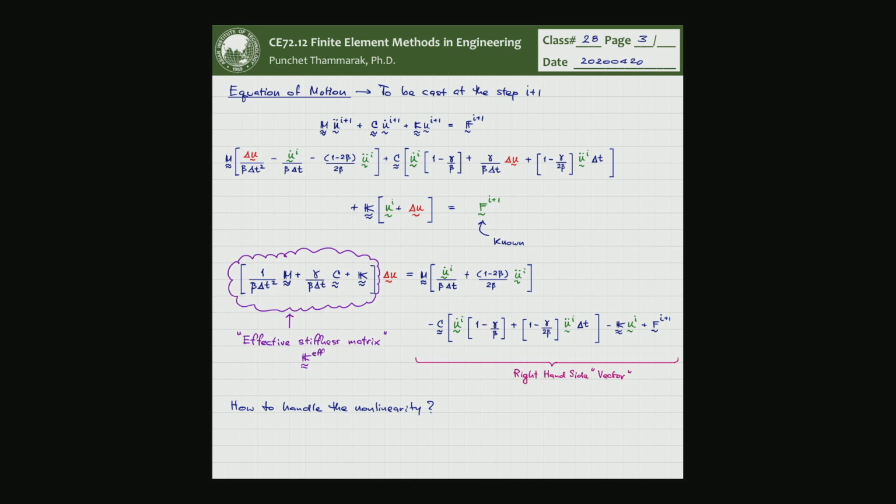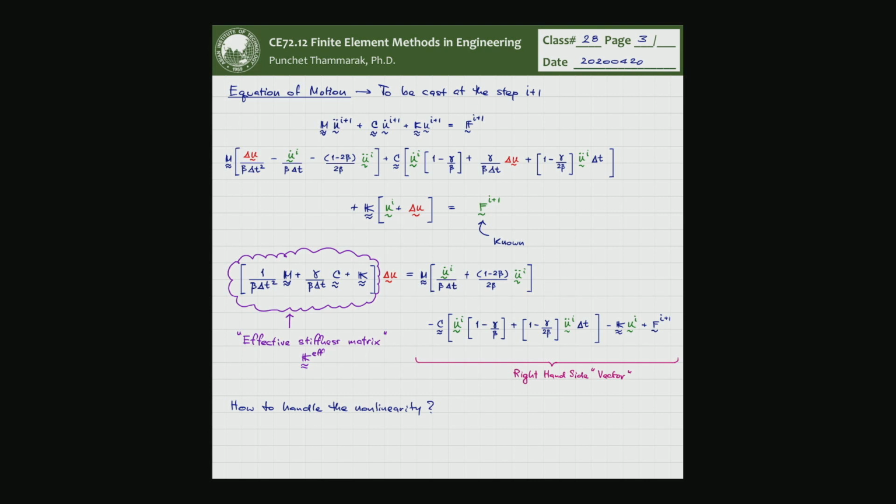Velocity, well, by the way, let me emphasize, we have the previous step information that needs to be known, and the previous step information is given by the superscript i. So the acceleration at the step that we want to solve, the step that we want to go to, is denoted by the superscript i plus 1.